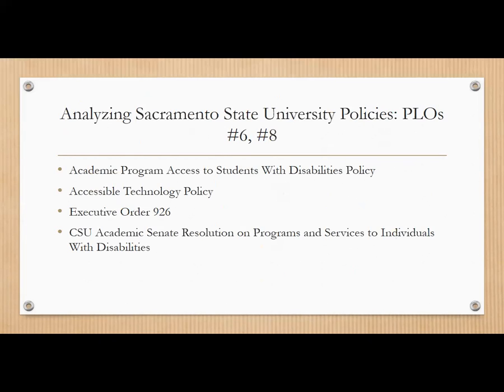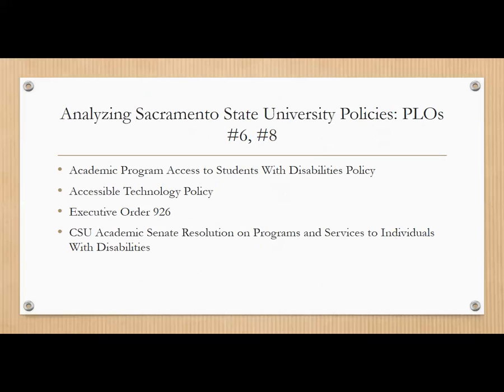The Accessible Technology Policy is adapted from the California State University Board of Trustees Policy on Disability Support and Accommodations, or Executive Order 926.